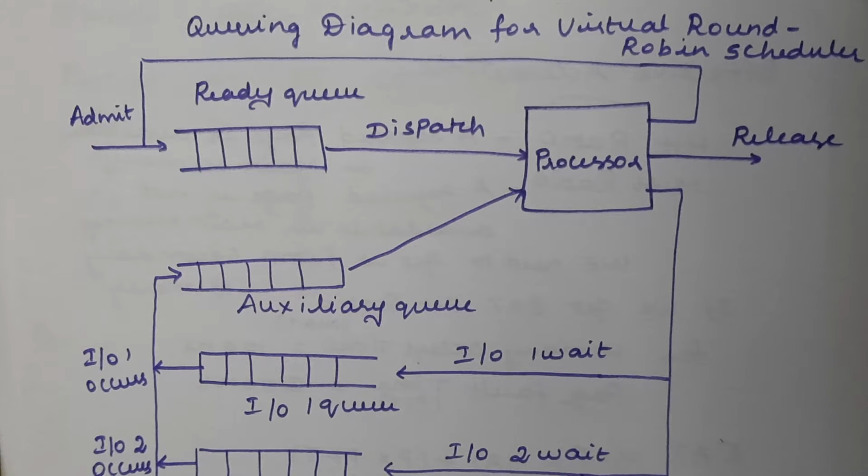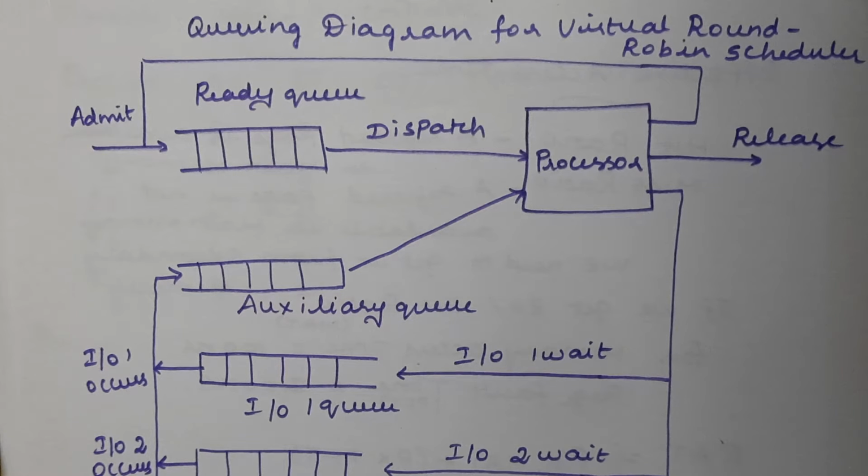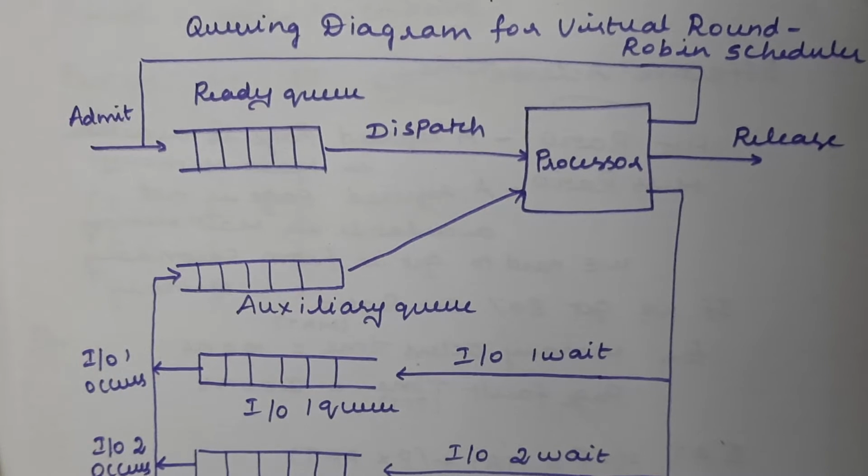In round robin, if you have more processes, a process may belong to either the CPU bound or the IO bound type. A CPU bound process is one that takes more time to execute on the CPU than on IO operations. An IO bound process takes more time executing IO operations than on the CPU, which means it keeps on executing IO operations rather than CPU operations. But a CPU bound process keeps on executing on the CPU rather than IO operations.